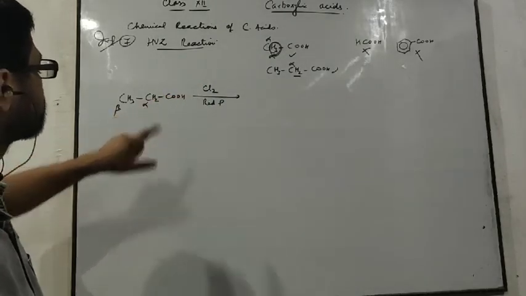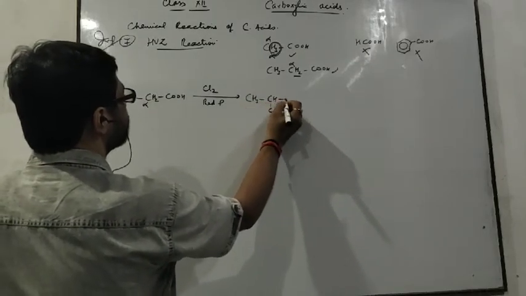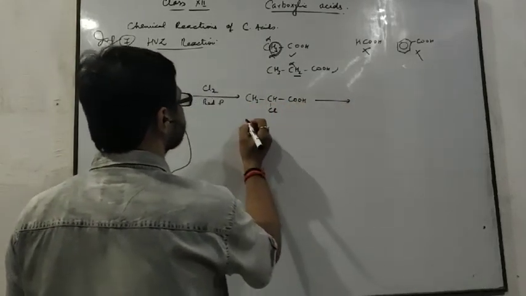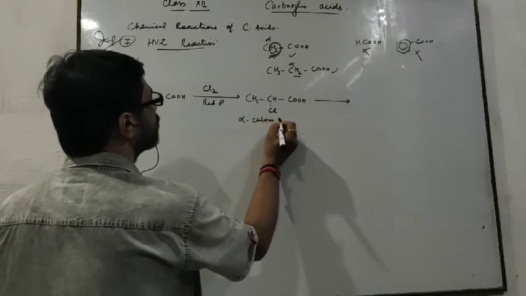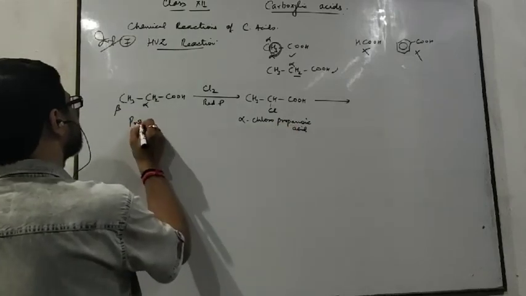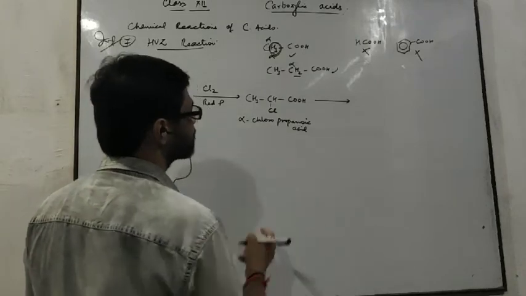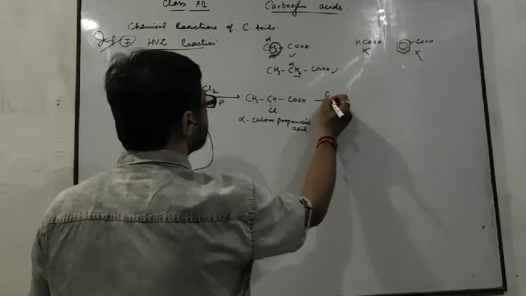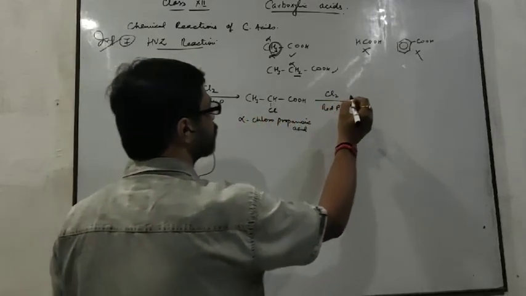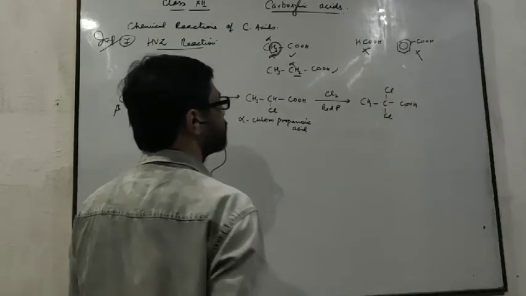This chlorine reacts with this alpha hydrogen of carboxylic acid and the alpha hydrogen is replaced by halogen atom and forms alpha chloropropanoic acid. This one is propanoic acid, and due to replacement of chlorine atom, this is known as alpha chloropropanoic acid, and again it reacts with chlorine in presence of red phosphorus, and another alpha hydrogen also gets replaced by chlorine atom, and this will be the final product.